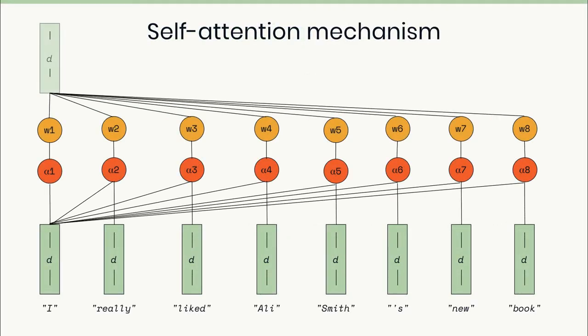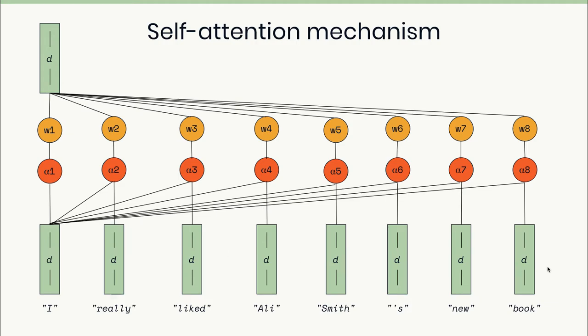This graphic is just trying to visualize the thing that we just saw. We have an example here: I really liked Ali Smith's new book. This time I've decided to split Smiths into 2 different terms.